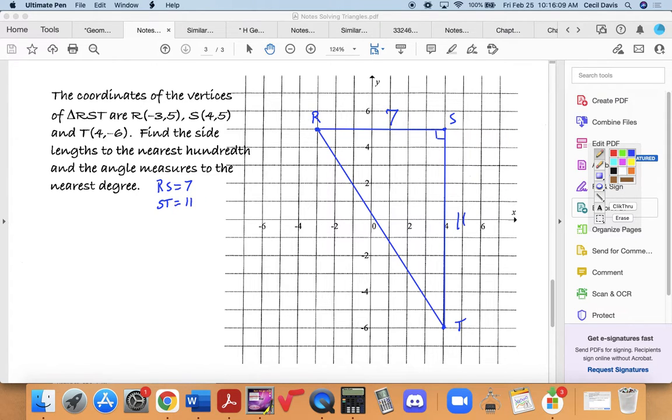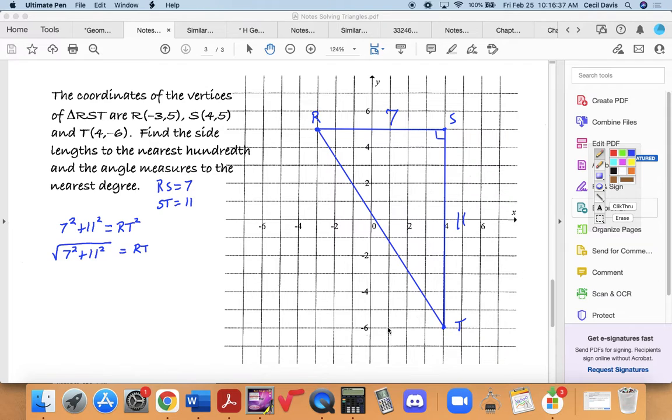And just like in the last one, once I get two sides, I go ahead and find the third side. So I'll do the Pythagorean Theorem to find the length of RT. It'll be 7 squared plus 11 squared gives us RT squared. Take the square root of both sides. So I can get RT by itself.